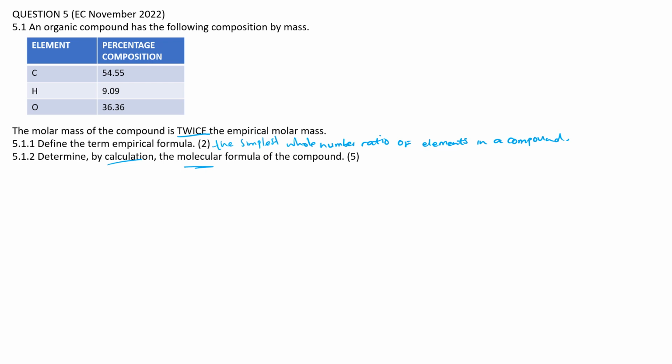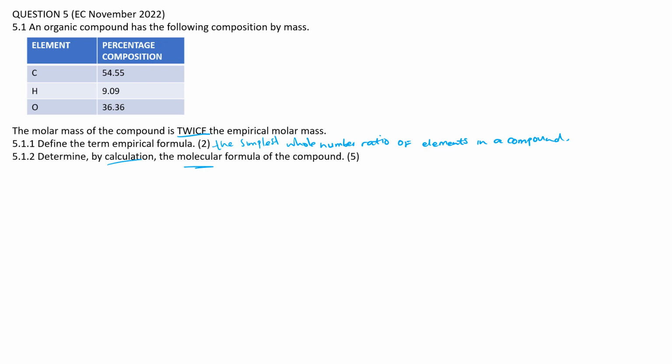And remember, with the empirical formula, if you're given the percentage composition, you assume that the compound has 100 grams. So 100 grams of that compound would give you 54.55 grams of carbon, 9.09 grams of hydrogen, and 36.36 grams of oxygen.